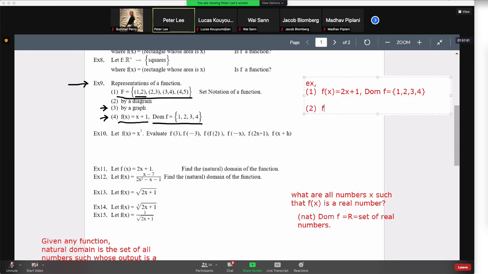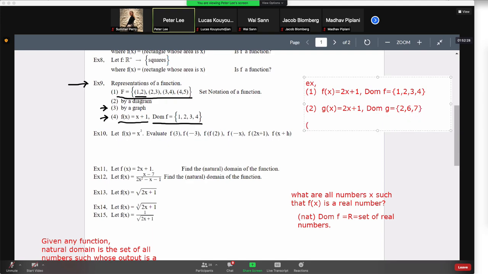Number 2. Let's say f of x is equal to 2x plus 1. Actually, let me use a different name, g of x, even though it's the same function, plus 1. And then the domain of g, dom g, is equal to 1, 2, 6 and 7.